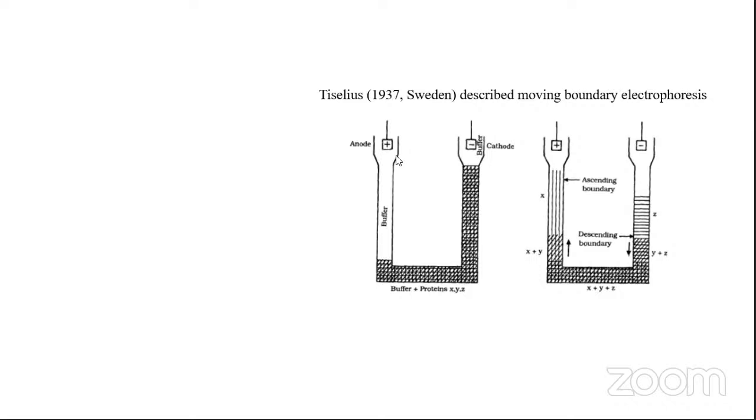The electrodes are in direct contact with the pure buffer. Later, when you turn on the current, as the sample ions migrate, the leading ion will be the one with the highest amount of charge, and mass wise it's one of the smallest molecules.